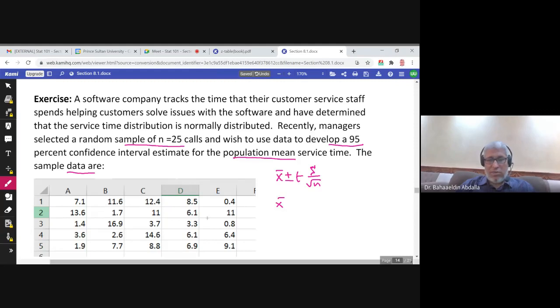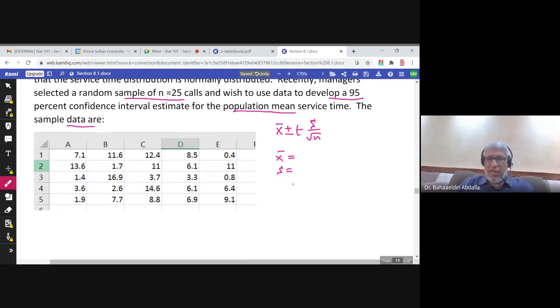You put these numbers in the calculator and you find x bar and s of the sample, and then you use the formula. For t here, the degree of freedom is n minus 1, and n is 25. So the degree of freedom is 24, and it's a 95% confidence interval.